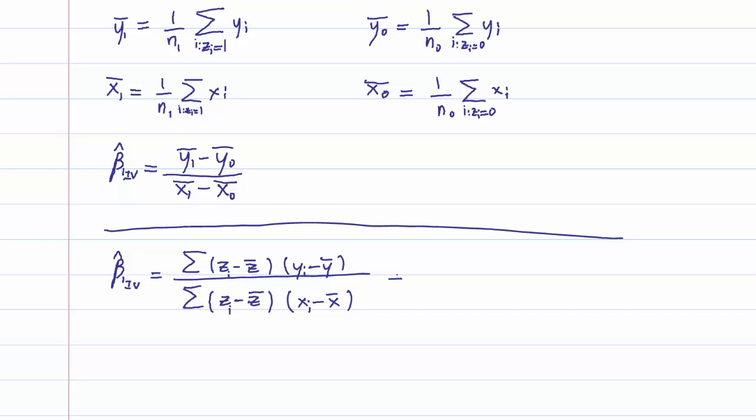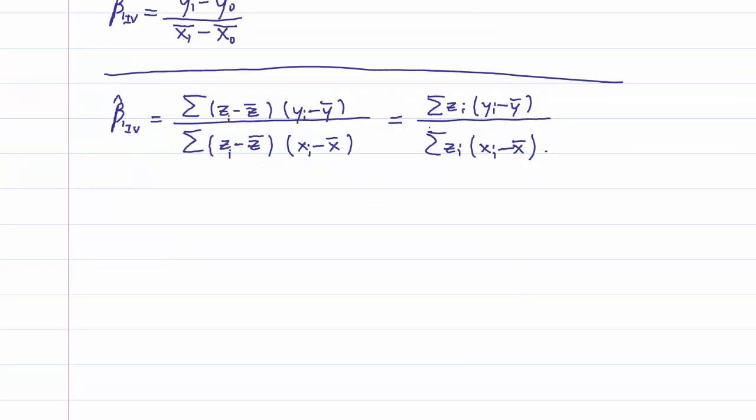We know that we can rewrite this as the sum of zi times yi minus y bar, applying the formula that we covered in the very first video of this playlist. Similarly, at the bottom we have the sum of zi times xi minus x bar. We have a very similar formula for the top part and the bottom part of the fraction, so I'm going to do some manipulation with the top part, and keep in mind that we can do exactly the same with the denominator.